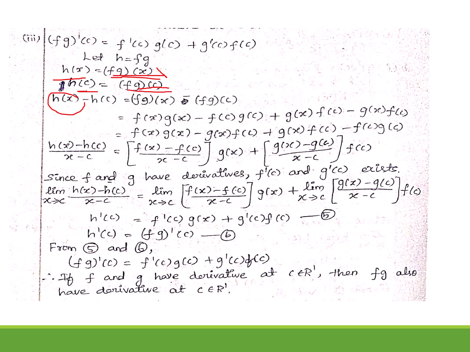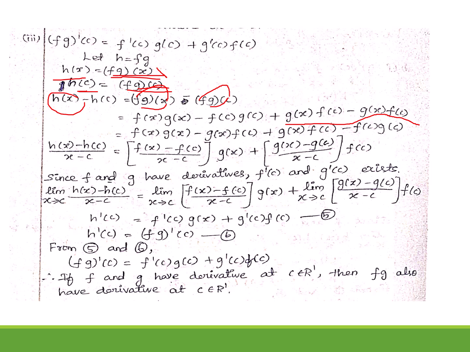Therefore, h(x) minus h(c) equals (fg)(x) minus (fg)(c), which is f(x) g(x) minus f(c) g(c). Adding and subtracting the term, this becomes f(x) g(x) minus g(x) f(c) plus g(x) f(c) minus f(c) g(c).